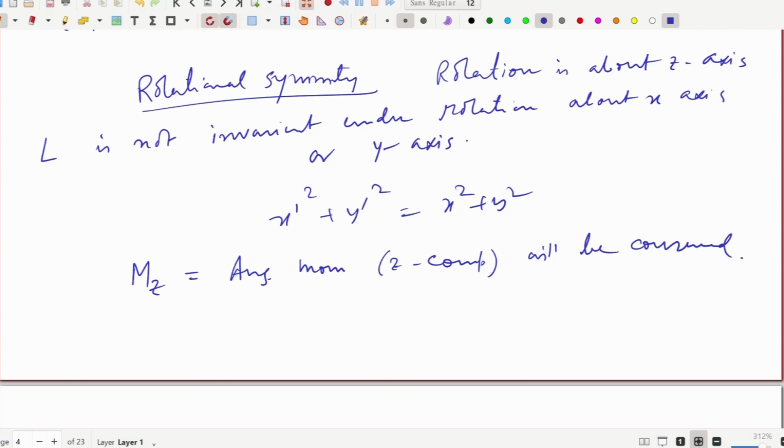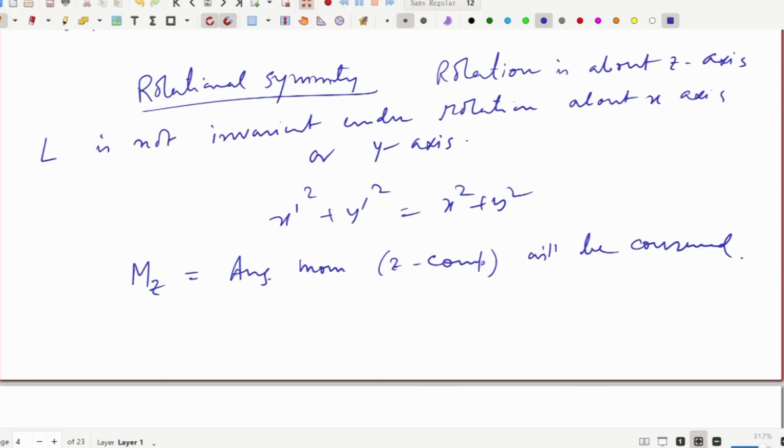So, this is an explicit example that you can verify yourself. If you are given a Lagrangian, you are supposed to find whether it is invariant under any rotation, and if you find one rotation, there will be a corresponding component of angular momentum that is conserved.